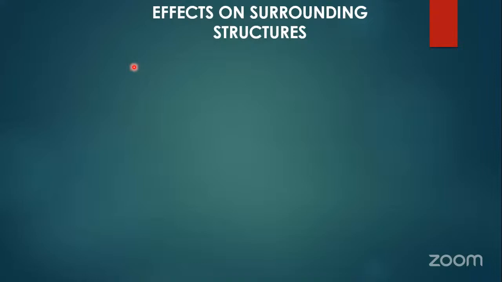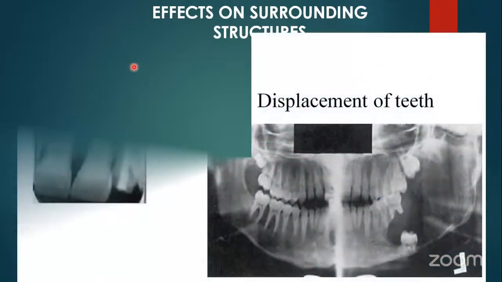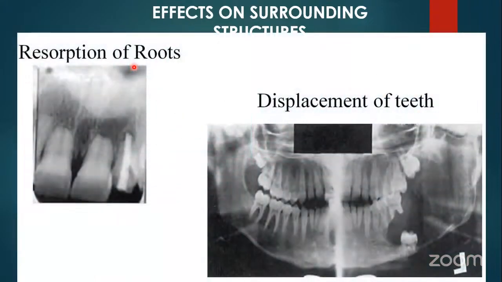Okay. Then comes the effect on the surrounding structures. When you look at the effect on surrounding structures, apart from your bones, your teeth are there, your sinus is there, your TMJ is there. So these are going to be affected. In certain cases, whenever the lesion is completely destroying the adjacent structures, there can be resorption of the roots. There can be displacement of the teeth.